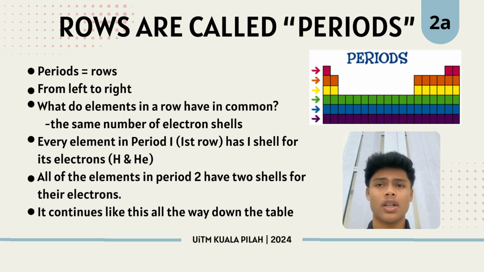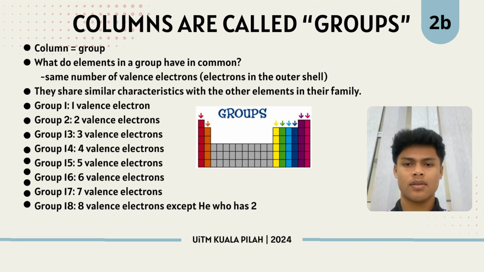All the elements in period 2 have 2 shells of electrons. So the number of shells corresponds to their period. If the element is in the third row, it has 3 shells. Okay, we move to the next slide.